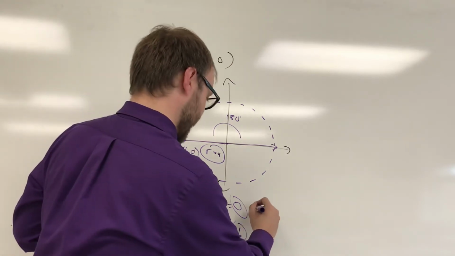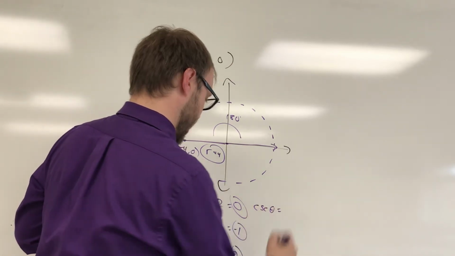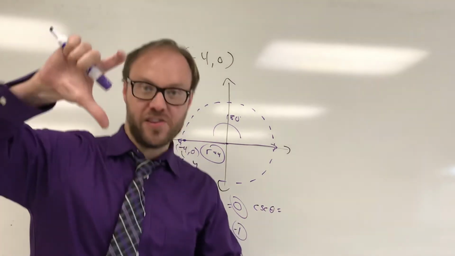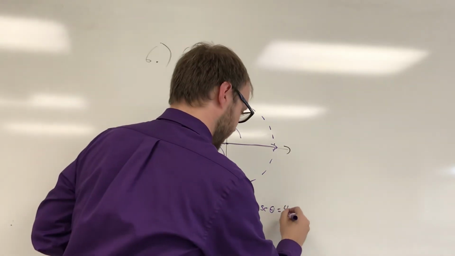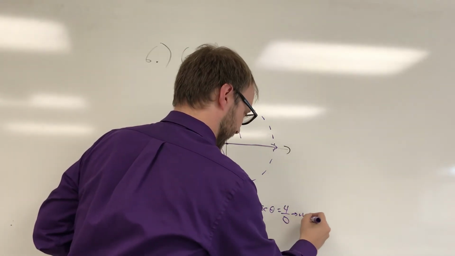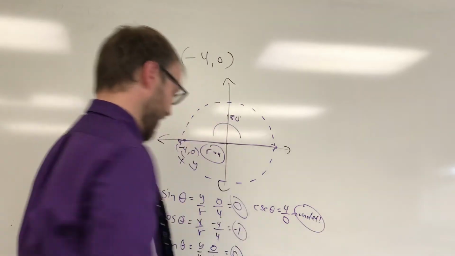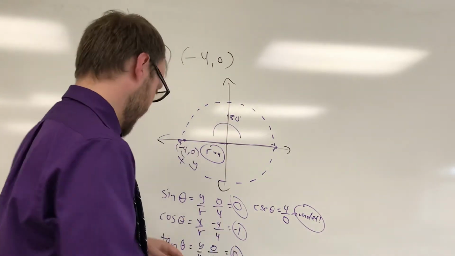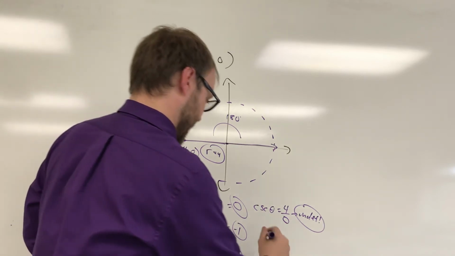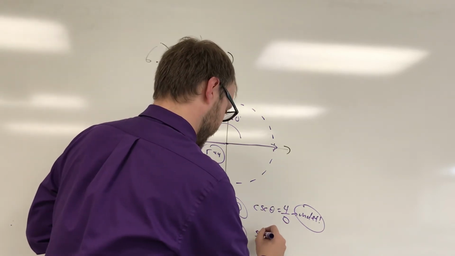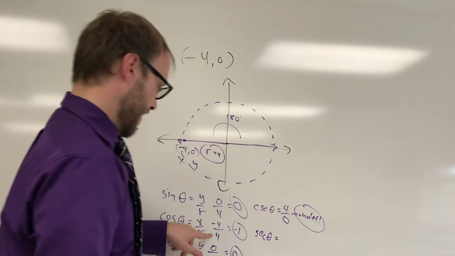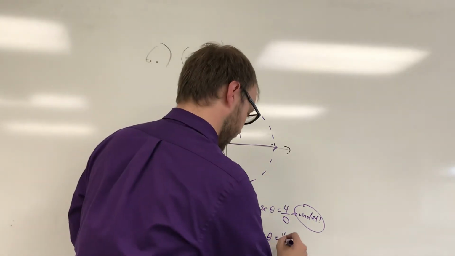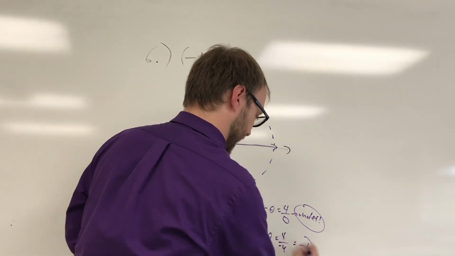For cosecant, of course, it would be 4 over 0. It's the reciprocal. Remember, 4 over 0 is undefined. Turns out there actually is not a cosecant of a 180-degree angle. The reciprocal of cosine is the secant. The reciprocal of this would be 4 over -4. That's still -1.